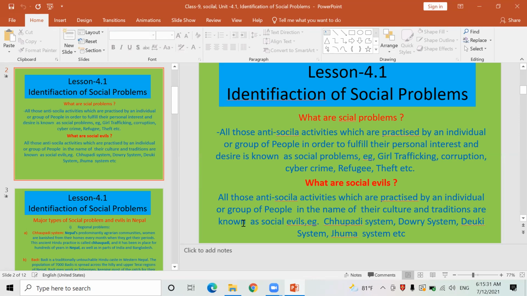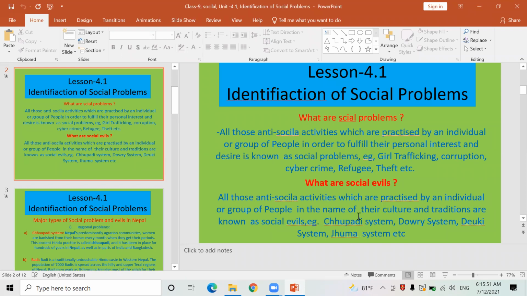If anybody practices any antisocial activities in the name of their religion, such as Hinduism, Buddhism, Kirat, or Christianity, such antisocial activities, socially, don't forget this. It will be helpful for you even in your upper classes also. Okay.